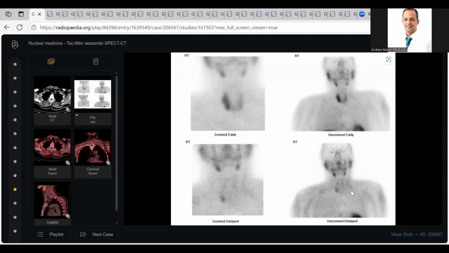What happened here? Could you describe, please? Okay.